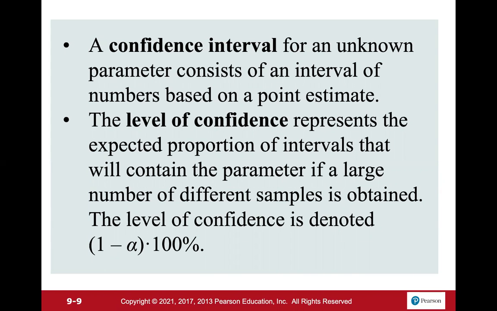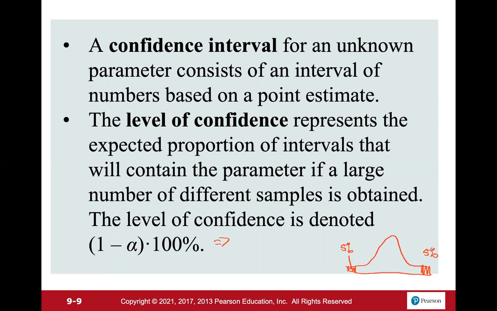So 1 minus alpha, we could say something along the lines of, if alpha is 5%, what that would look like is 5% here and 5% here. So that would be a total of 10%.